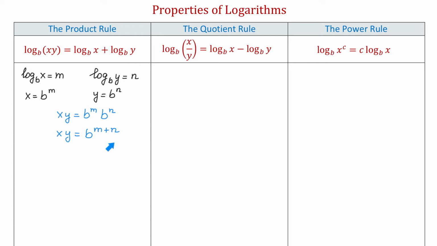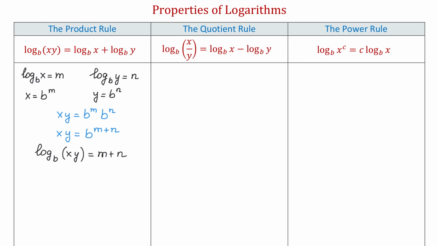Now, in this equation, b is the base, m plus n is the exponent, and x times y is the result. If we write it in logarithmic form, we will have log base b of x times y equals m plus n.